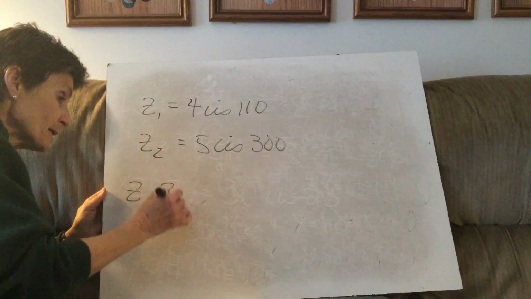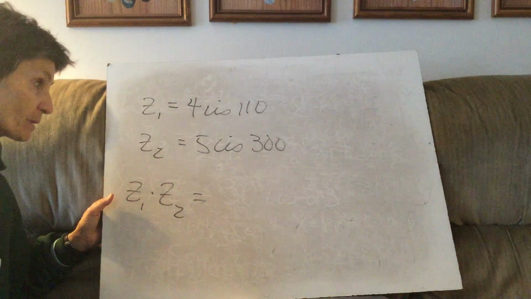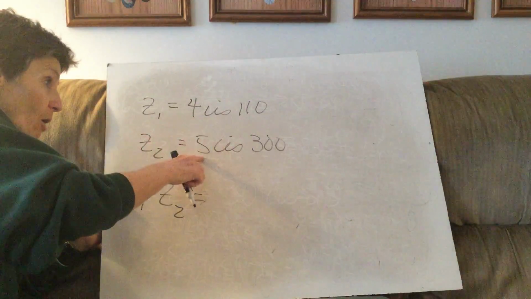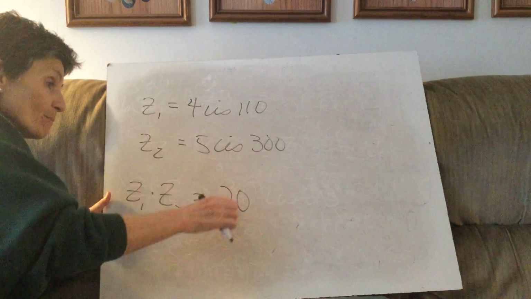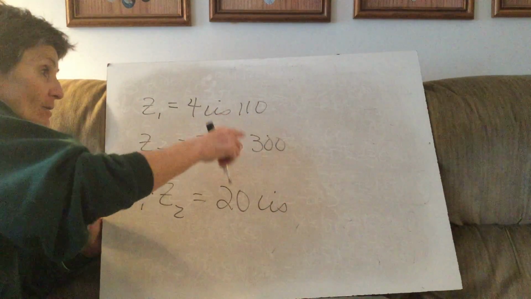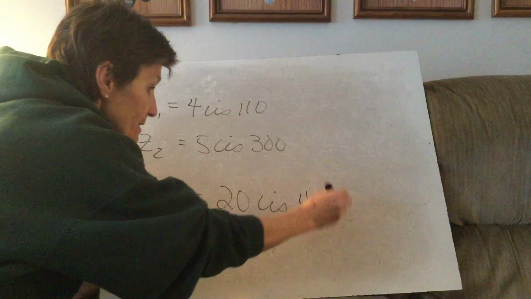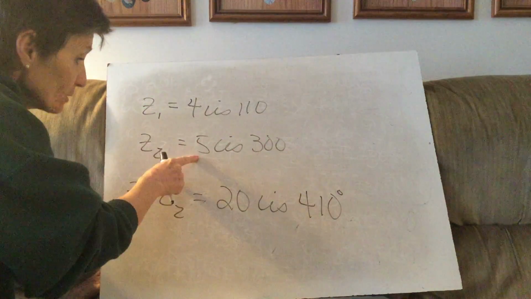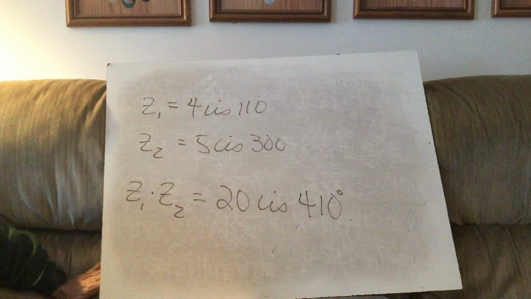So the rule is, and you need to write down the rule, make sure you have good notes. We multiply the r's, so that's 20. And we add the angles. So that would be 410. So I multiply the r's, and then I add the angles.